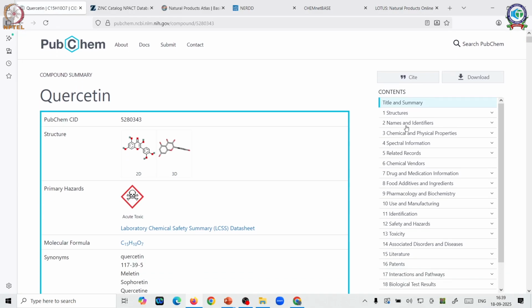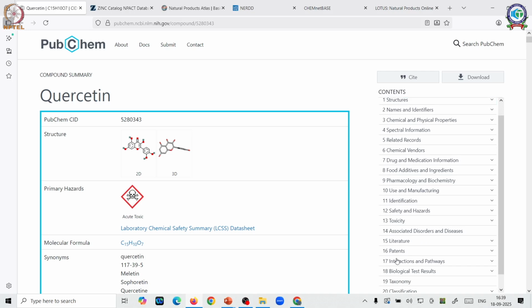PubChem gives you information about structures, names and identifiers, chemical and physical properties, spectral information, chemical vendors, the suppliers, drug and medication, food additives, pharmacology, use and manufacturing, identification, the MSDS, that is safety and hazards, toxicity, any associated disease, some literature, patent.